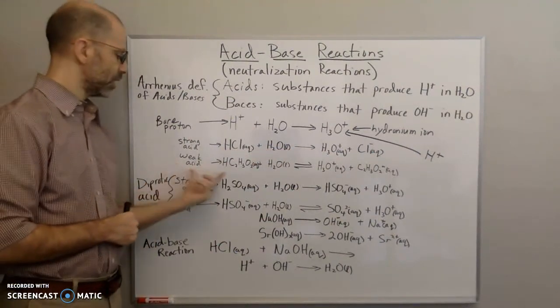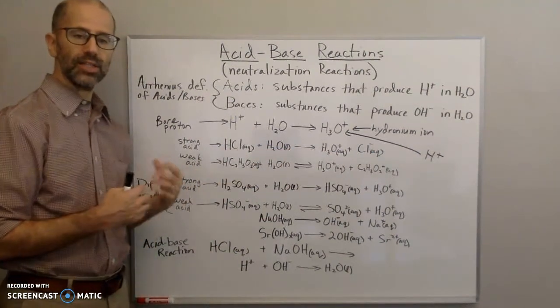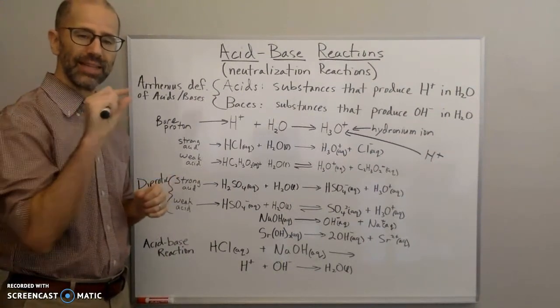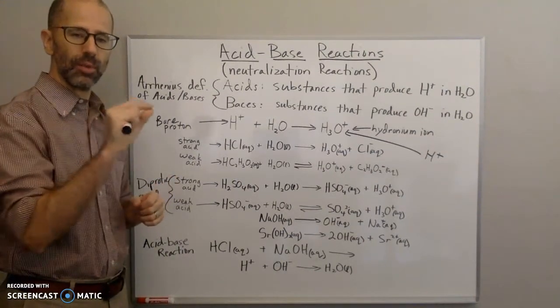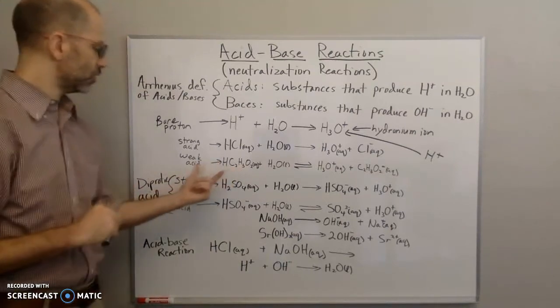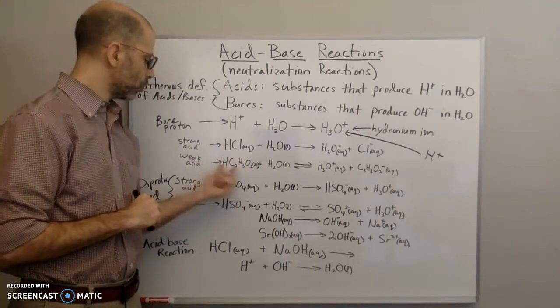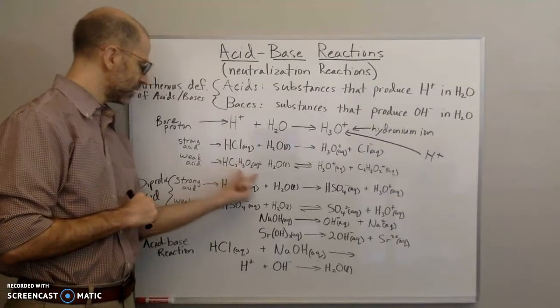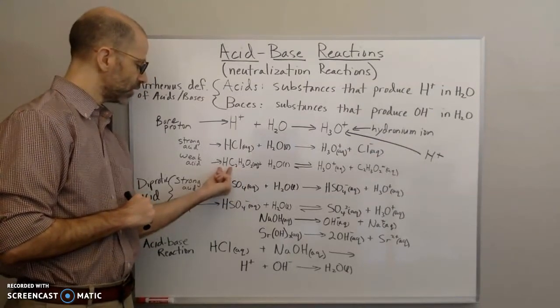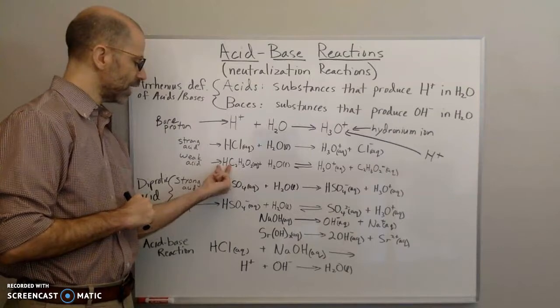A weak acid, again, is not going to ionize completely. It's only going to ionize a little bit, just a small, tiny fraction. This is acetic acid. Some of the acetic acid is going to give off its proton, its hydrogen.